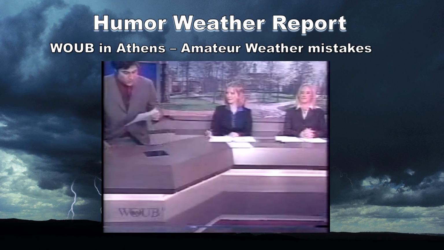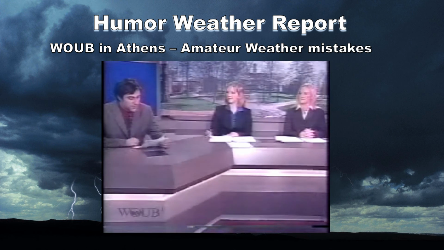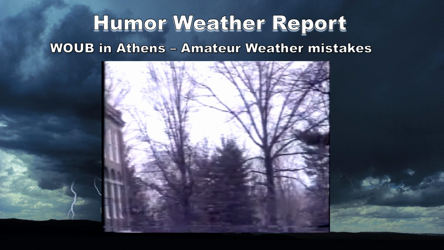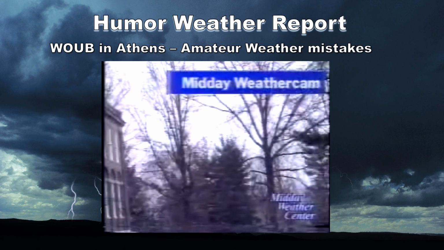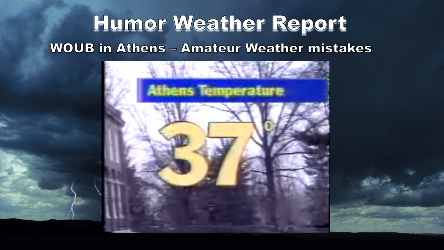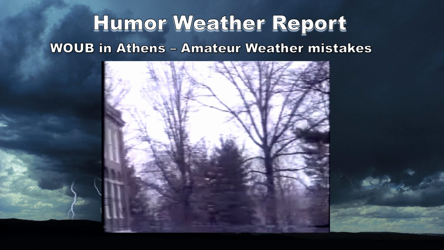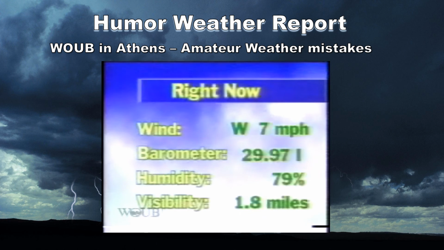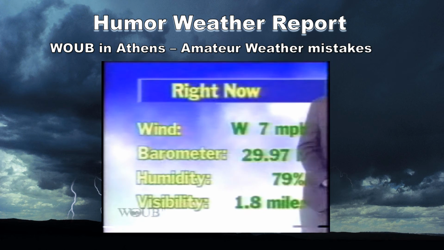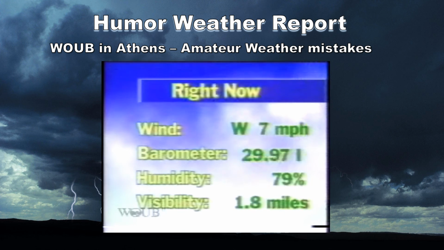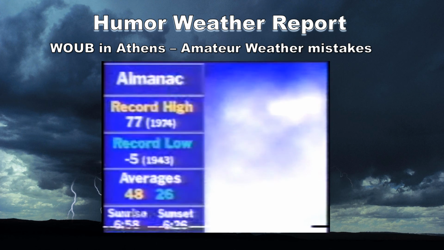The temperature in Athens is 37 degrees, and there's a current wind, a westward direction, 7 miles per hour. The barometer is at 29.95 and growing, and the humidity stands at 79 percent, and you can see a clear visibility at 1.8 miles.